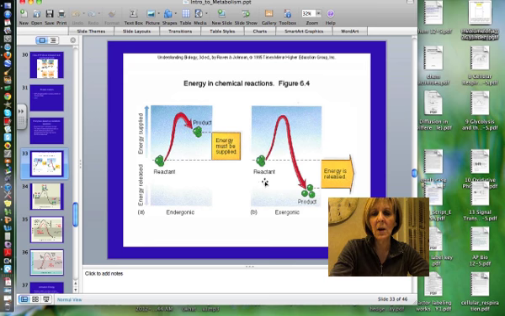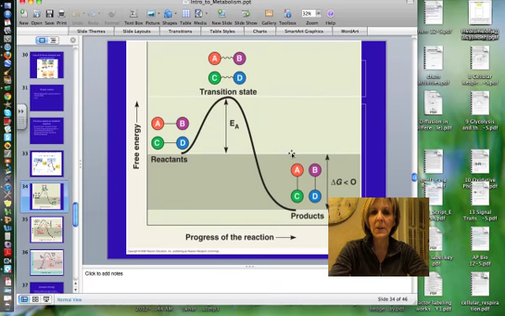Here is an exergonic reaction, so energy is released because the products have less energy than the reactants, but still, even though it's spontaneous, it still has activation energy. So that's a really important point. Even though a chemical reaction is spontaneous, you still have to have activation energy because you're having to break bonds.